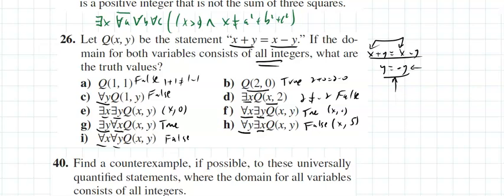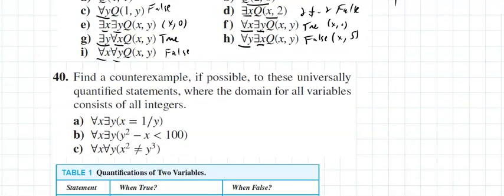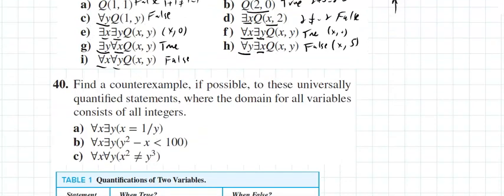Now, a counterexample is when you give a statement that negates what they're trying to say. The domain will be all integers. So this says, for any x that you choose, there exists a y such that x equals 1 over y.